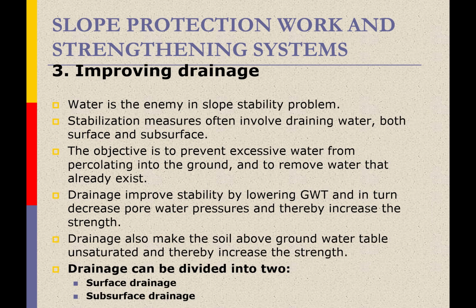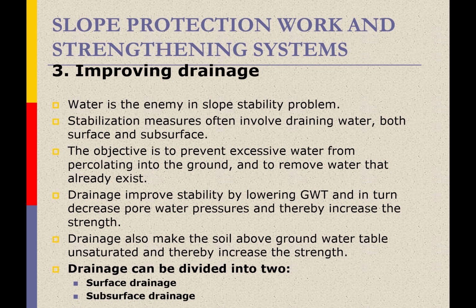And next, what you can do is to improve drainage. Okay, of course, this is a must for the slope, especially if you install retaining wall in front of the slope. So we need to ensure that the slope is properly drained out if water exists behind the slope or exists in the backfill of the retaining wall.